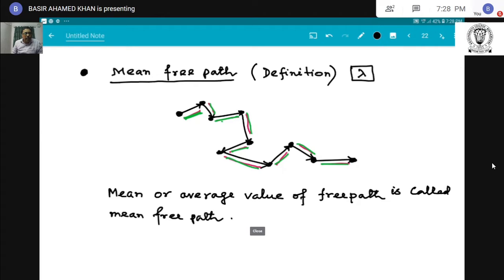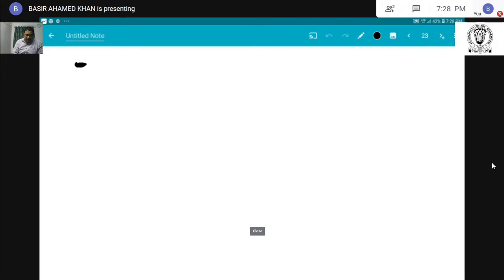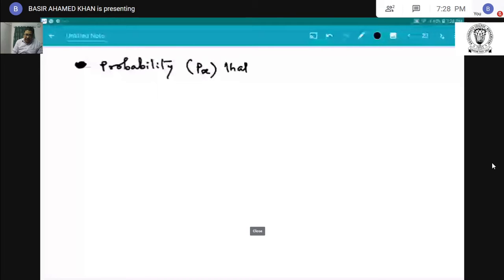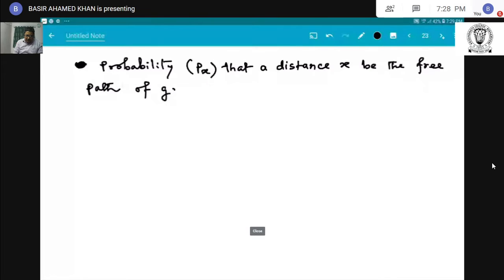Now the probability: we calculate the probability P(x) that a distance x be the free path of gas molecules.